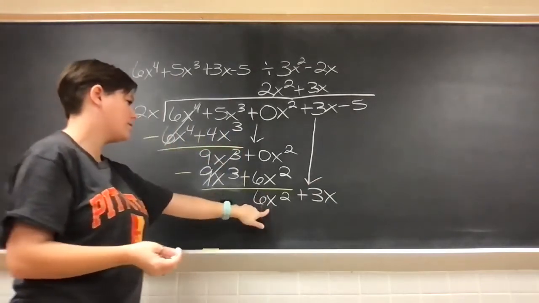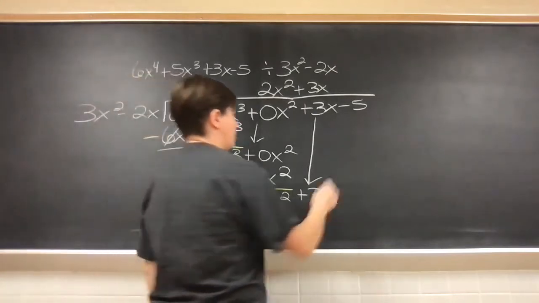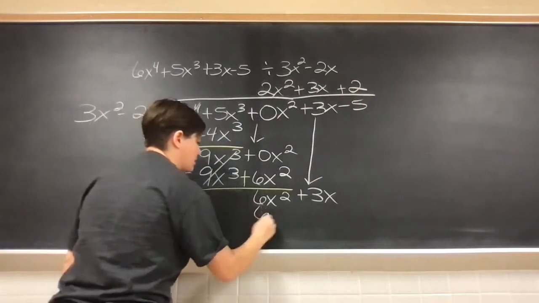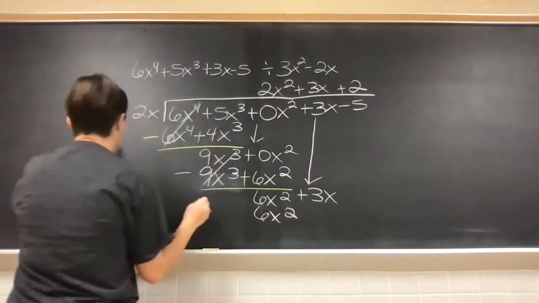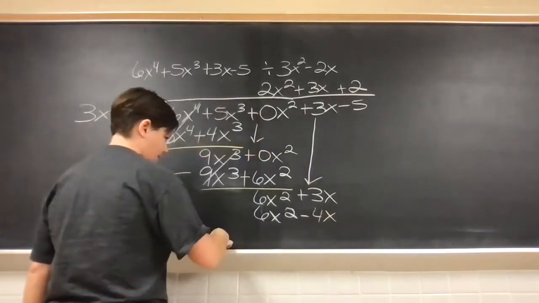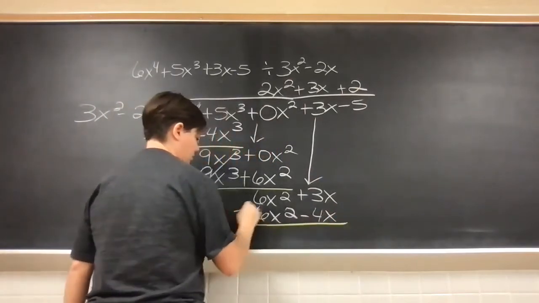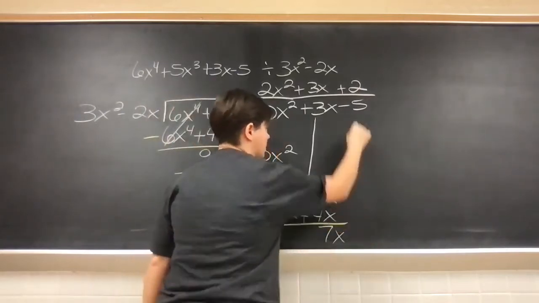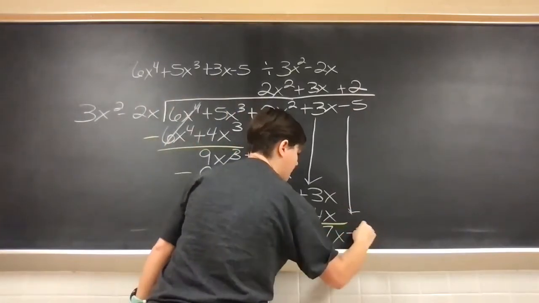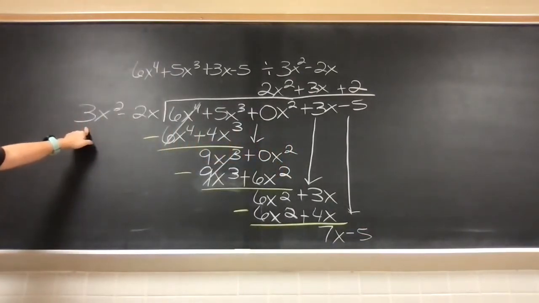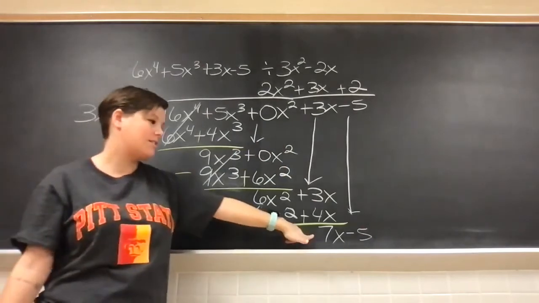3x squared goes into 6x squared 2 times, which will give me 6x squared and negative 2x times 2 minus 4x. Draw my line, change my signs. 7x minus 5. Well, I have 3x squared, and I need it to look like 7x.